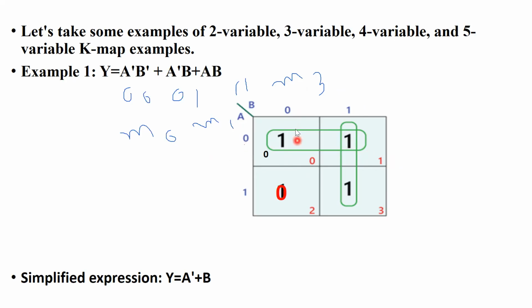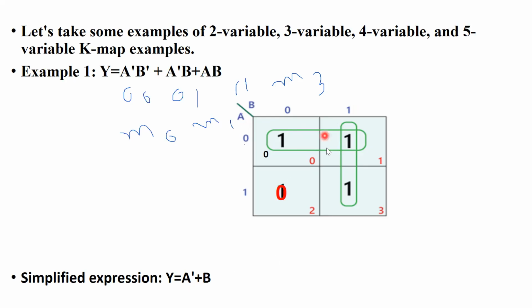Again repeating, in this group, if I move from one cell, M0, to M1, the value of A remains the same but the value of B changes. So what is changing we do not count. I will consider only the value of A, and the value of A is 0. That's why for this group it is A dash.